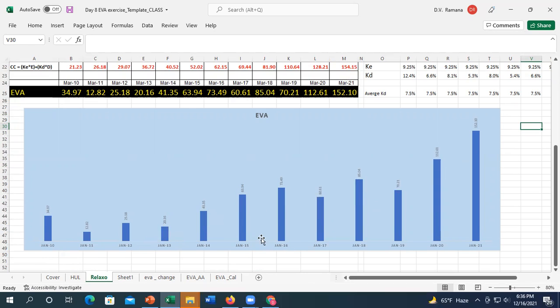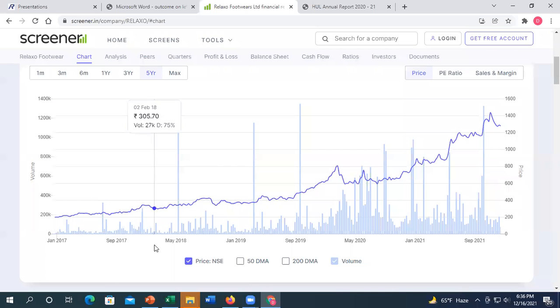So therefore, for the last 10 years, the company has actually generated wealth for the shareholder. No wonder that the market is also positively responding to this particular company.